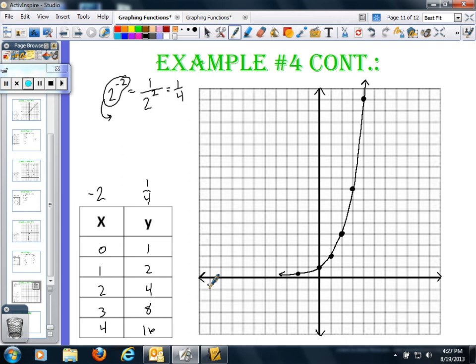So for example, in this problem, this is going to continue to go down, but it's never going to touch 0 because 0 is an asymptote. The range for this graph is going to be y is greater than 0 because y can be any value except for 0 and below. So it's only going to be bigger than 0. And that's because these are what we call asymptotes. So that'll be another one of your definitions.